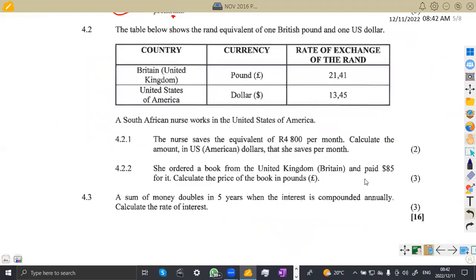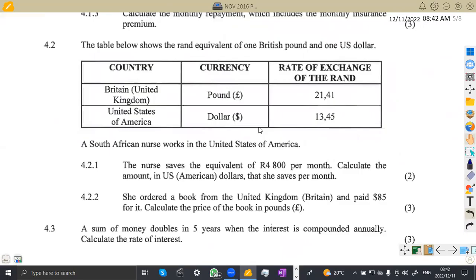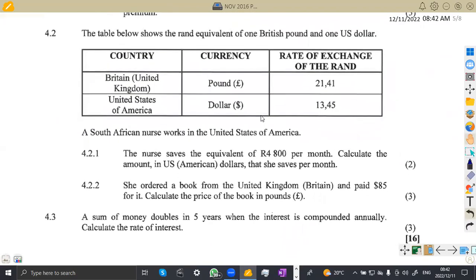All right, then on 4.2, we actually worked with this similar table on another question, but let's see what we had. We are given the table below shows the rand equivalent of 1 British pound and 1 US dollar. So we are given here, Britain, United Kingdom pound, that is 21.41. So this is the exchange rate of the rand.